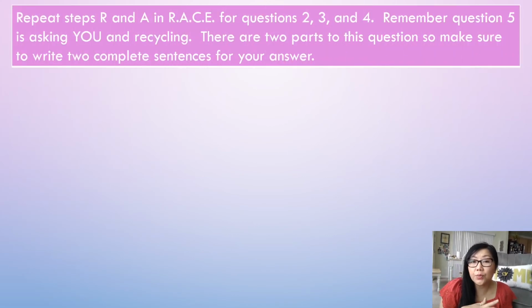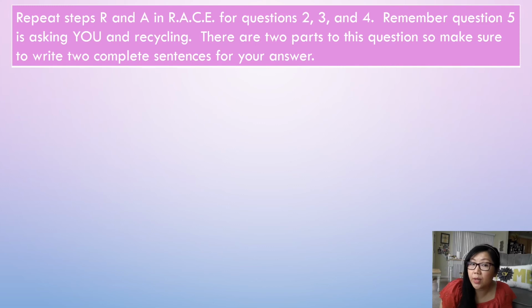Okay, so before we end this, I want to remind you that you will have to repeat steps R and A for questions 2, 3, and 4. I know you can do it. Just make sure that you pay attention to the questions and use the strategies to help you.